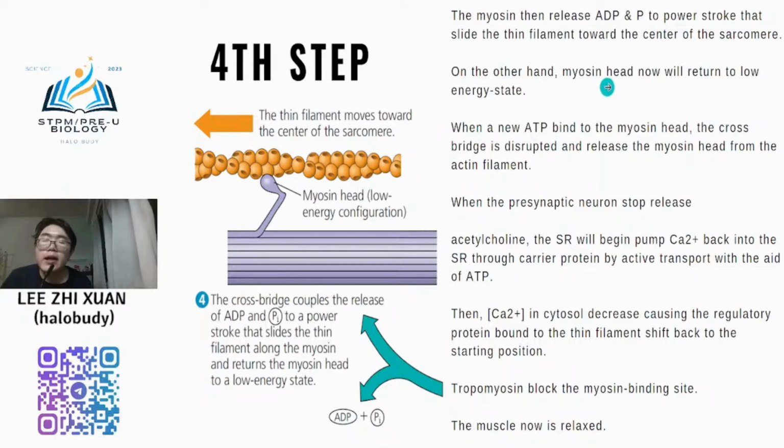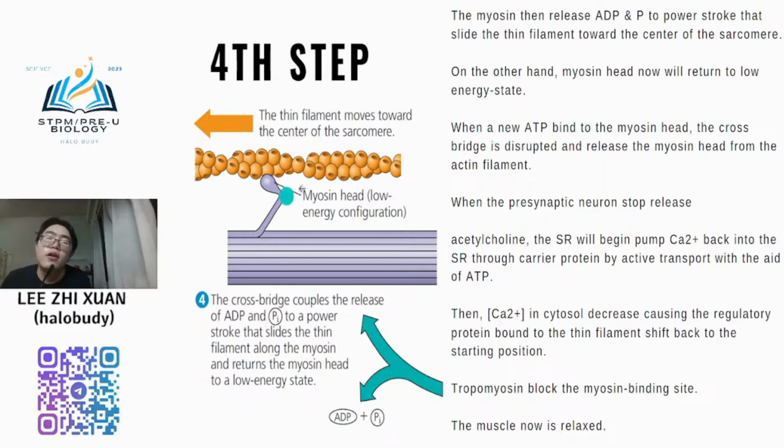And then on the other hand, the myosin head will now return to a low energy state. Once the myosin head has done the sliding process, it becomes weak, it has no energy, it has finished sliding, so it is in a low energy state. It needs food. So what is its food? ATP.